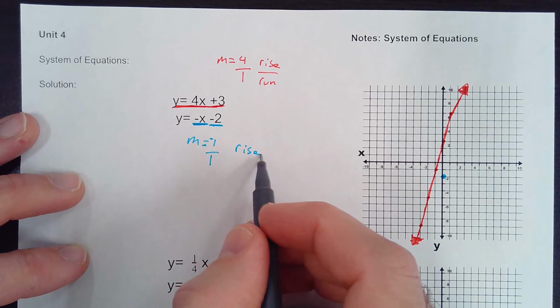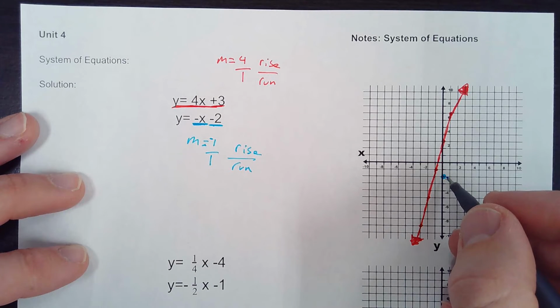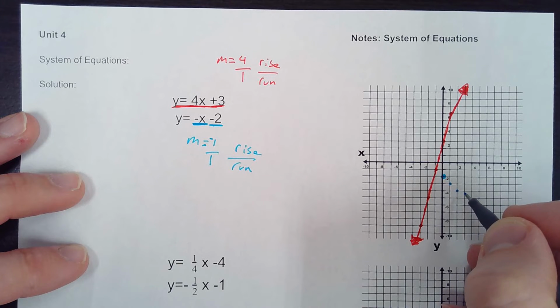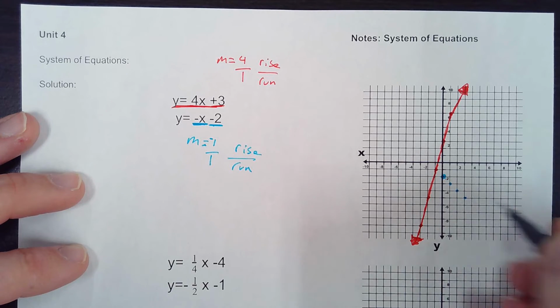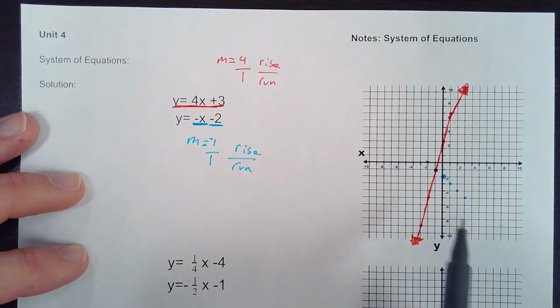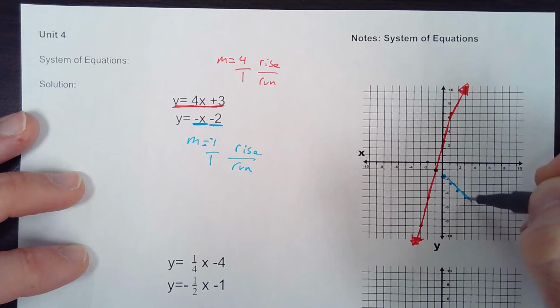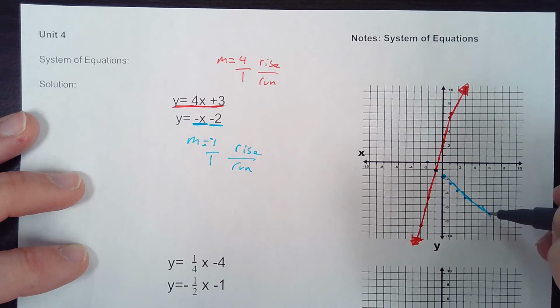Remember, rise over run. So I'm going to go down 1 to the right 1, down 1 to the right 1, down 1 to the right 1, and then I'm also going to go up 1 to the right 1, up 1 to the right 1. And we'll just do our best to make a straight line here.